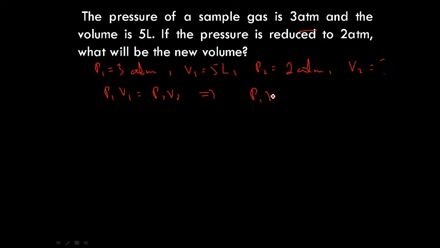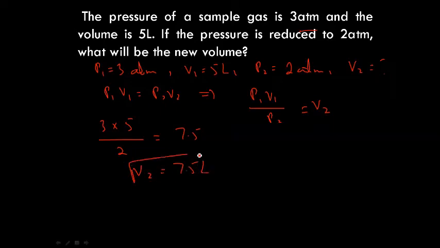So the relationship should be this one. Here we just plug in the values, where P1 is 3 and V1 is 5 and P2 is 2, and this is 7.5. It means the new volume is 7.5 liters, and this is true because the pressure is decreased, so volume is increased. Before we had 5 liters volume, and now we have 7.5 liters volume.